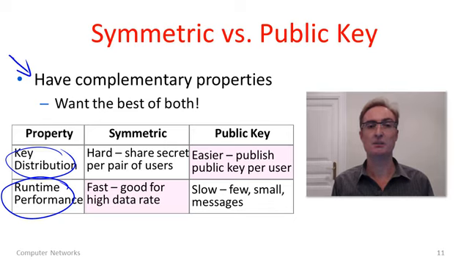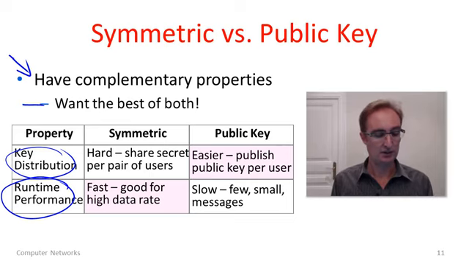You used to have crypto boards and other kinds of hardware support, but these days even your microprocessor instruction set has a little bit of support for encryption, and you can just encrypt in software and it's usually fine. On the other hand, for public key schemes, encryption tends to be very slow. And I'm talking about orders of magnitude, maybe 3 orders of magnitude slower than symmetric key encryption. So you'll tend to want to send infrequent messages or small messages with public key cryptography.